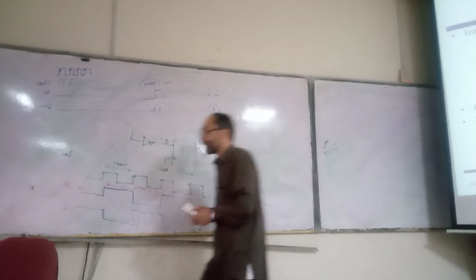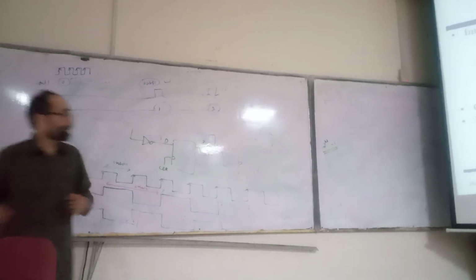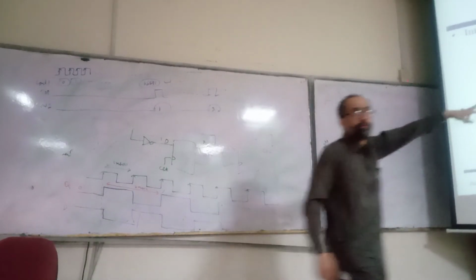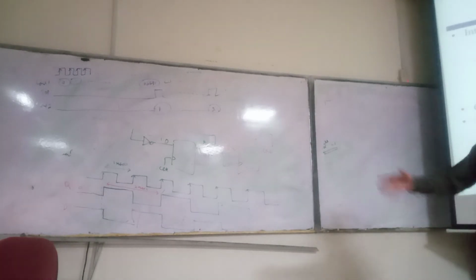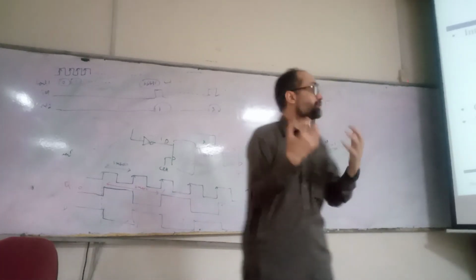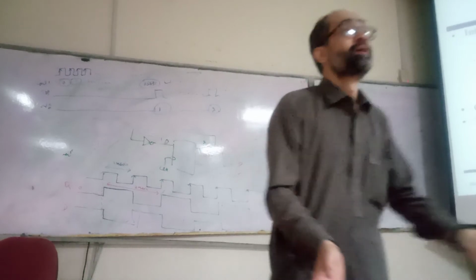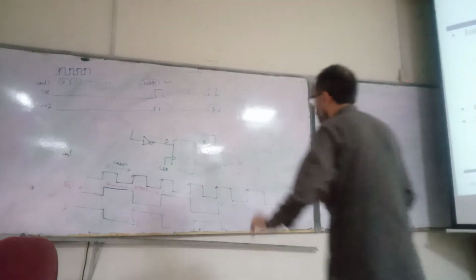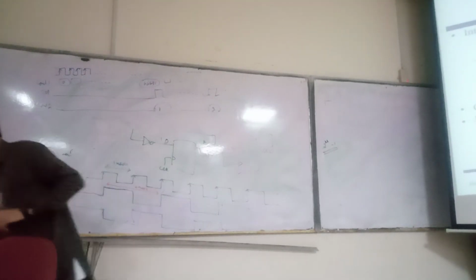So if you look at the internal implementation of this prescaler, there is maybe some finite state machine controlling all this. This is a mode register, and this mode register will be configuring it.